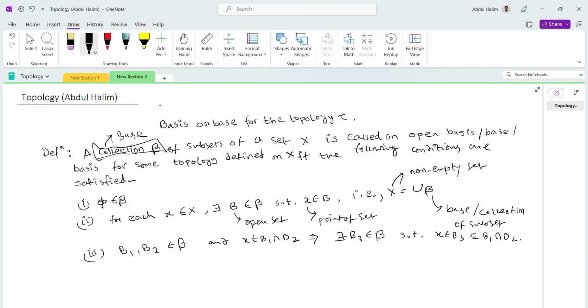The next question is how it is related to the topology. The base for the topology tau defined on the set X. How is the topology related?